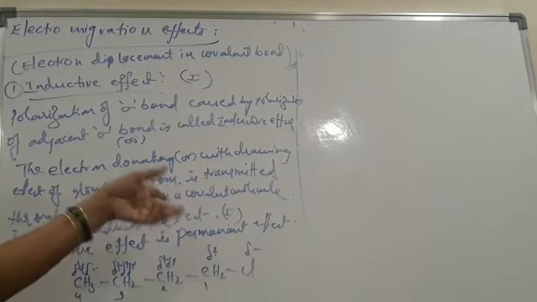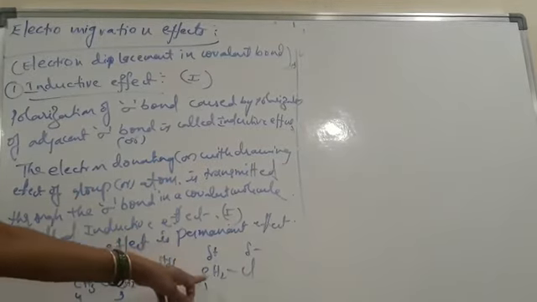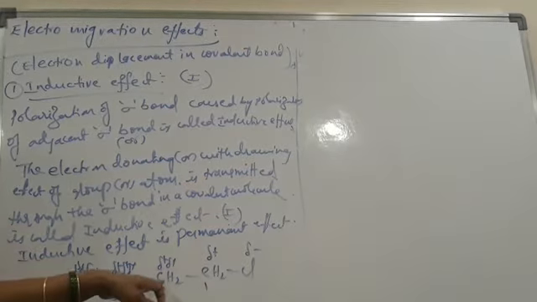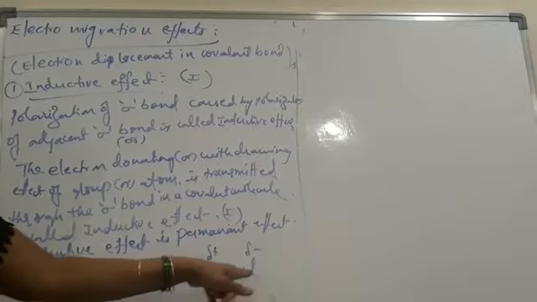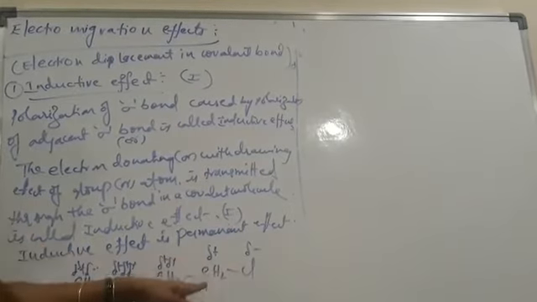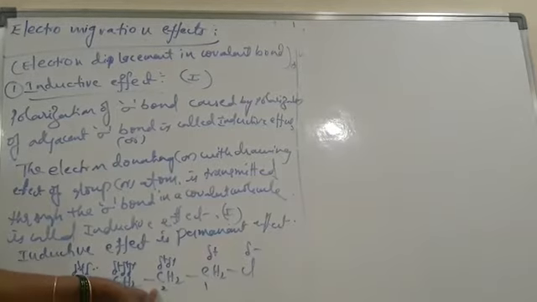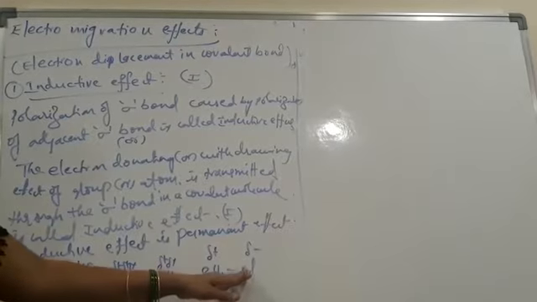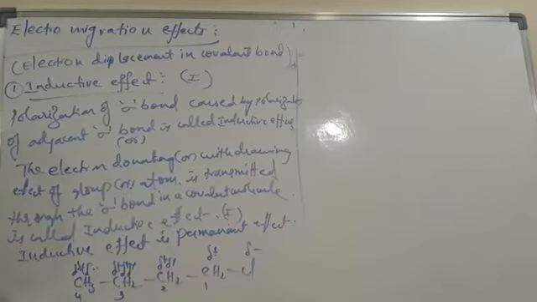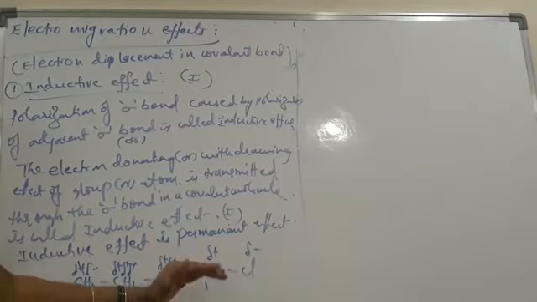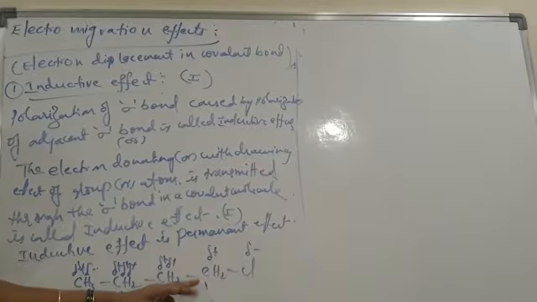Then this carbon atom is linked with another carbon atom, which is linked with another carbon atom. So this transmission of polarization continues in the chain through the sigma bond.